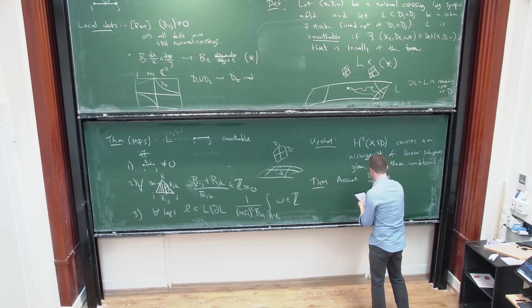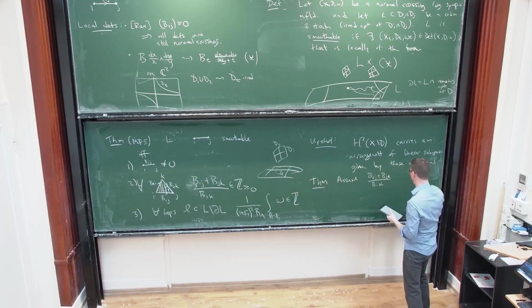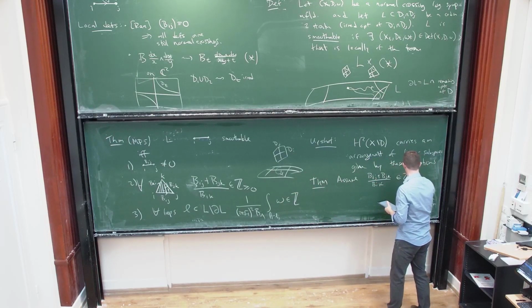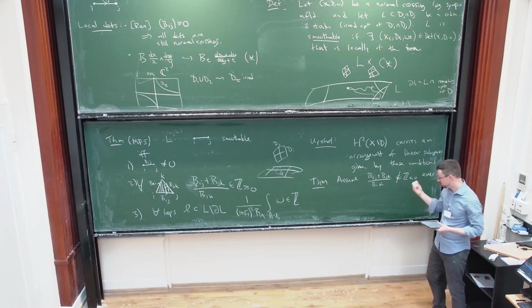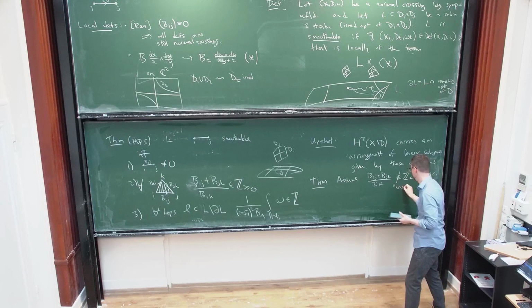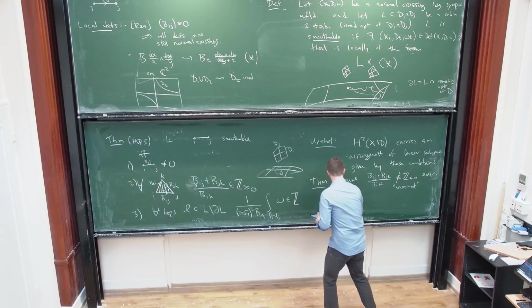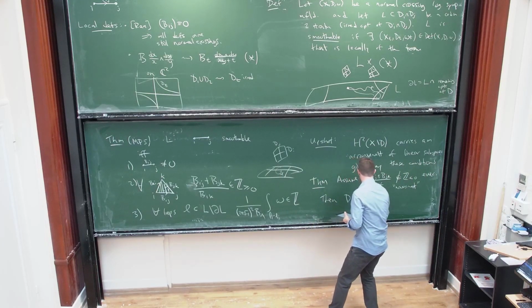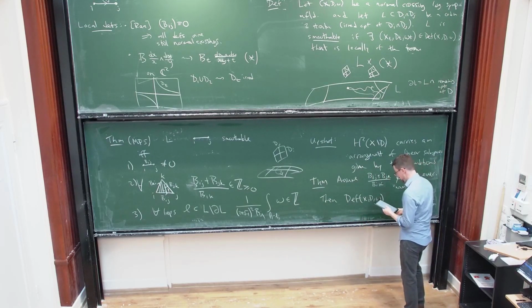So if these ratios, which appear here, are never negative integers, okay, this is what we call a non-resonant case. Then the deformation space of X, D, and omega is expressed as a union of linear spaces.